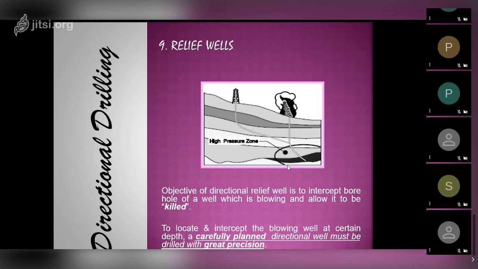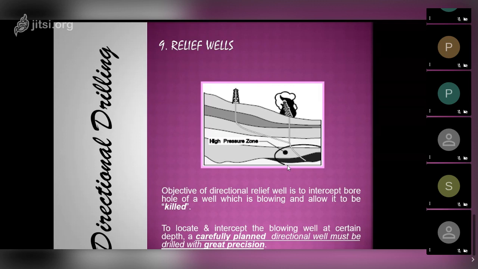The difference between a kick and a blowout is that a kick is an early indication of a blowout. If there is a big pressure difference between the formation pressure and the hydrostatic column of the well, then we see the formation fluid entering the well. Once it starts entering, we start getting slight indications on the surface.